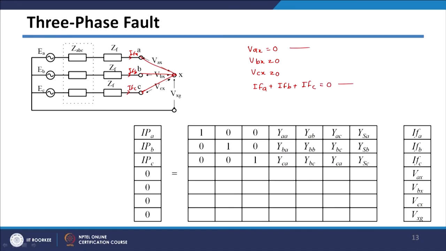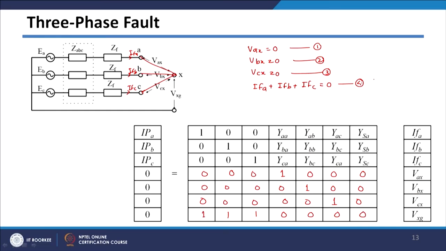So, this gives me equation number 1, 2, 3 and 4. So, in this case from first equation number 1 it will be 1 here, from equation number 2 it will be 1 multiplied by VBX, third equation there will be 1 multiplied by VCX, and from fourth equation there will be 1 here, 1 here, 1 here and all other entries are actually 0.